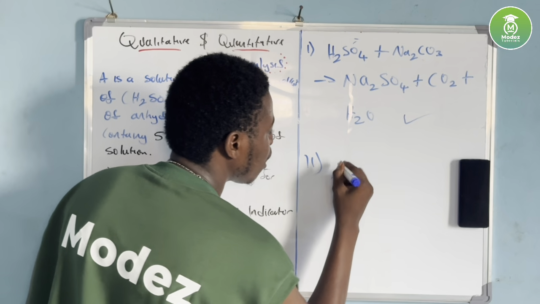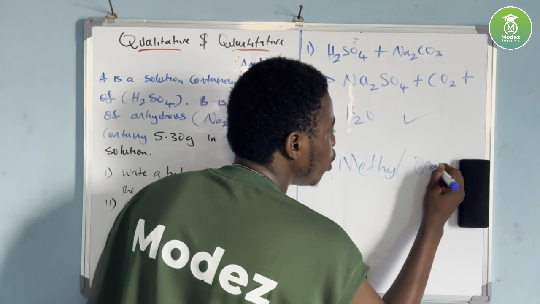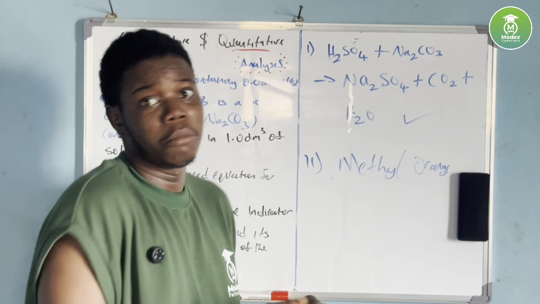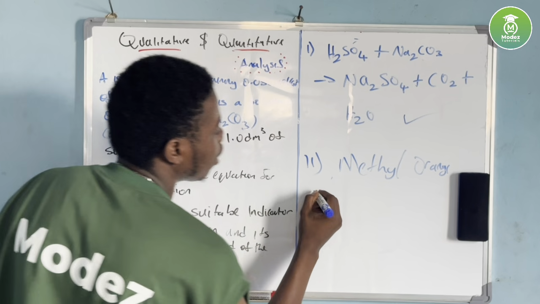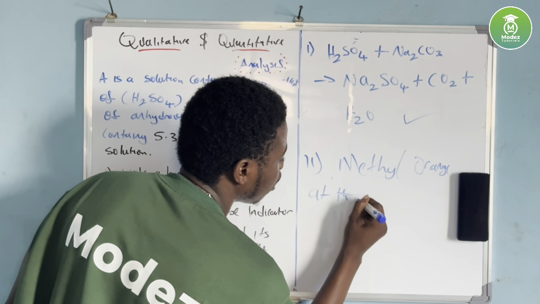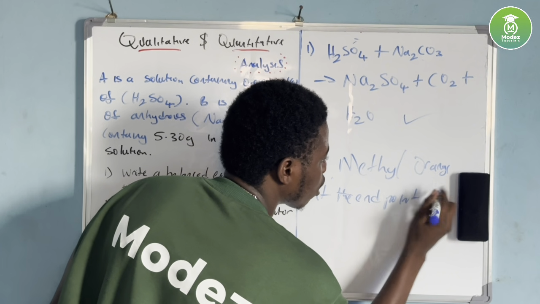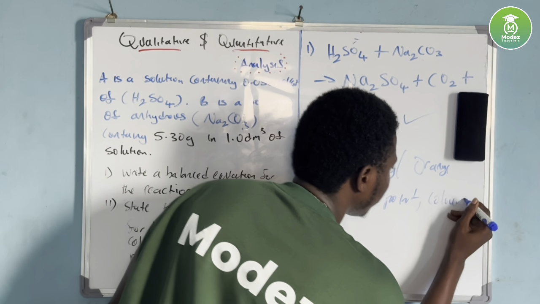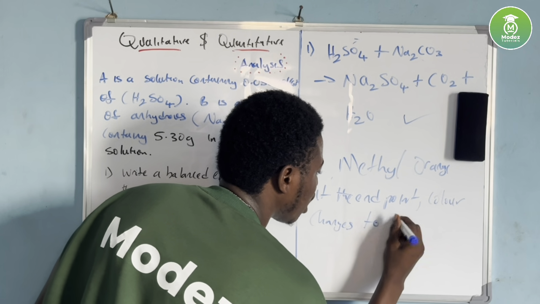So when you are titrating a strong acid and a weak base, the best indicator to use is what? Methyl orange. It is kind of yellowish or orangish at first. Then at the end point, the color changes to pink.